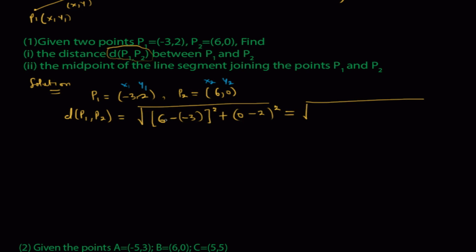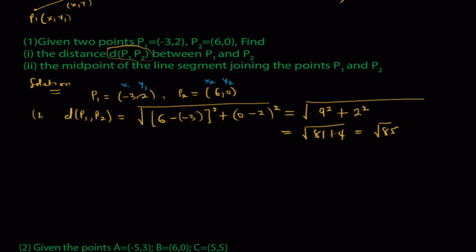This gives us 6 minus -3, 6 plus 3, which is 9 squared, plus 0 minus 2 is -2. Now -2 squared is 2 squared. This gives us the root of 81 plus 4, which is the square root of 85. So this is the distance between P1 and P2.